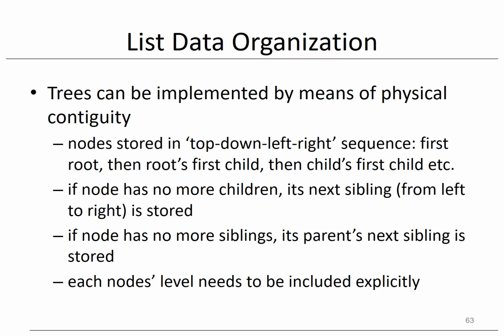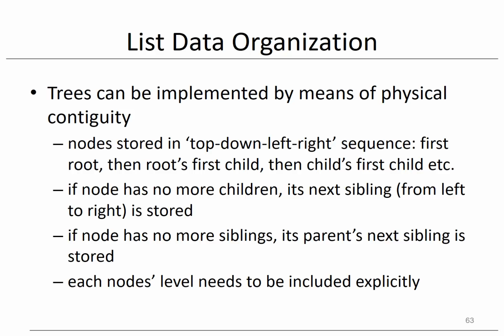A first way to implement trees is by means of physical contiguity, where the physical position of the records along with additional information expresses the tree structure. The tree nodes are typically stored in a top-down left-right sequence: first the root, then the root's first child, then the child's first child if it exists, etc. If a node has no more children, its next sibling, from left to right, is stored.